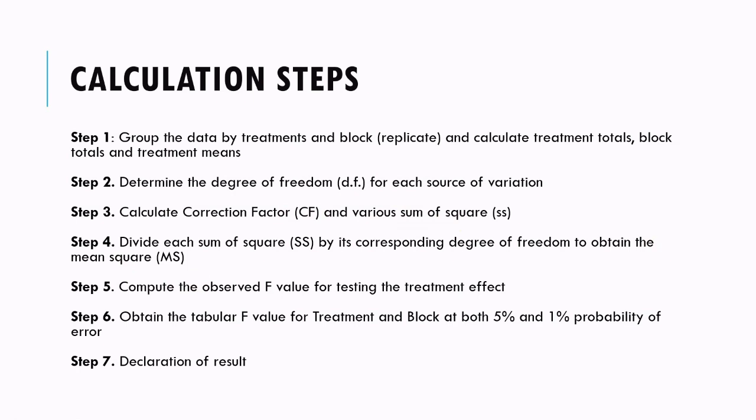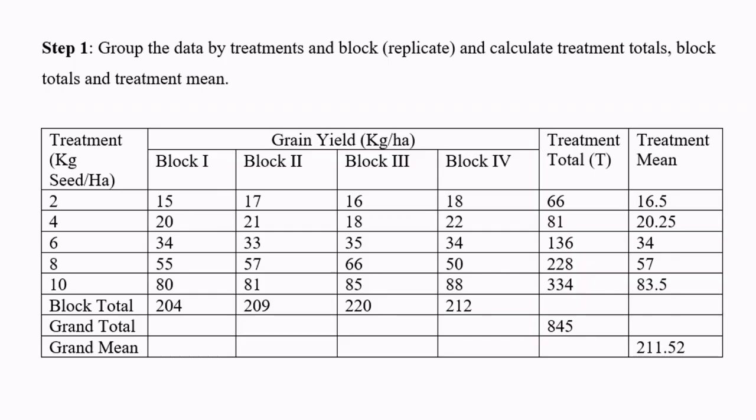Then in the fifth step, compute the F value, in the sixth step obtain the tabular value, and in the seventh step declare the result as per the rules. So let us understand each step one by one. Suppose this is the table of our experiment.